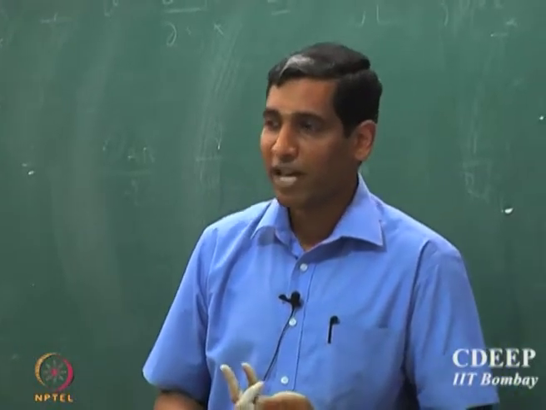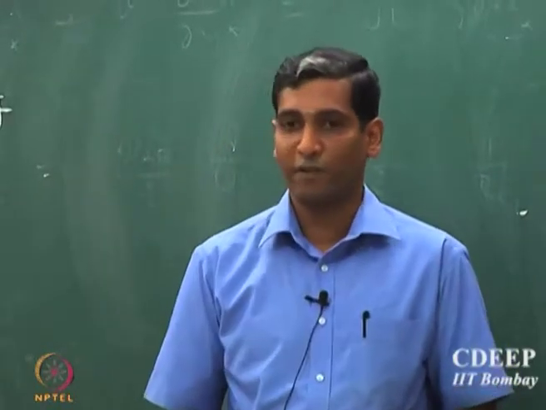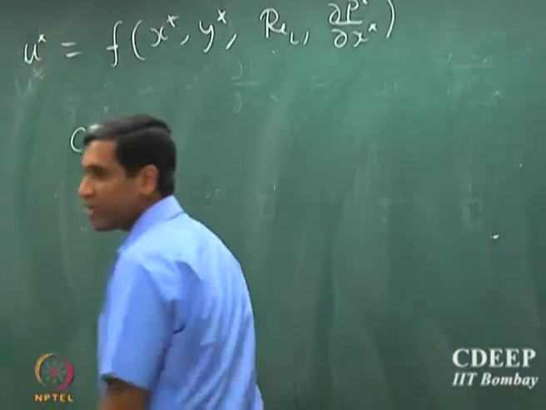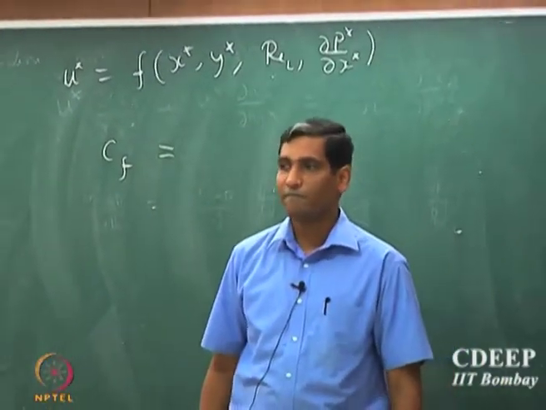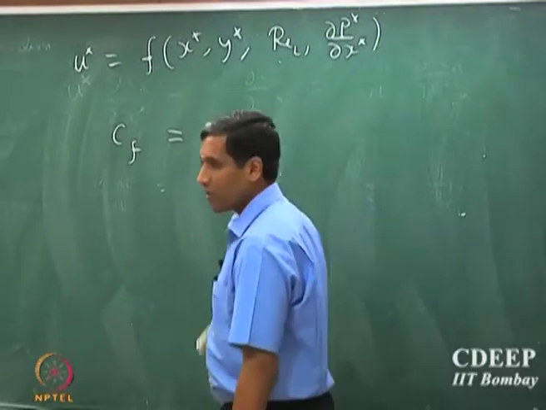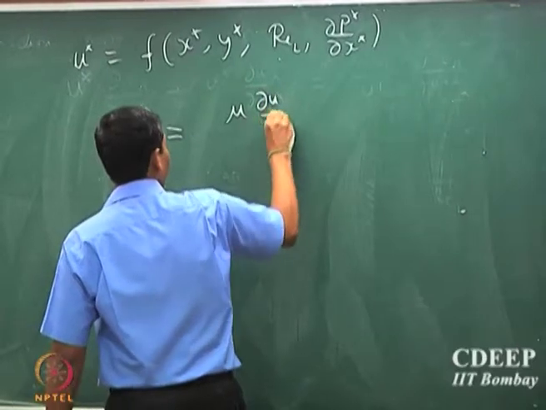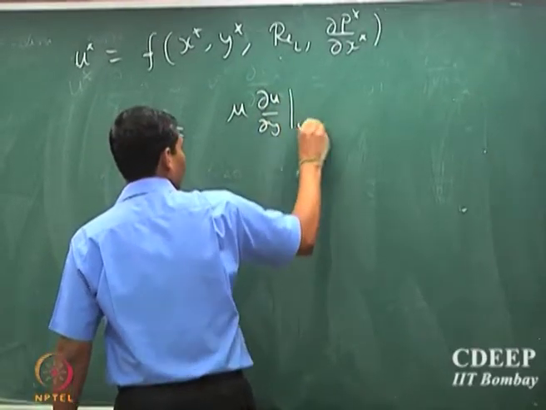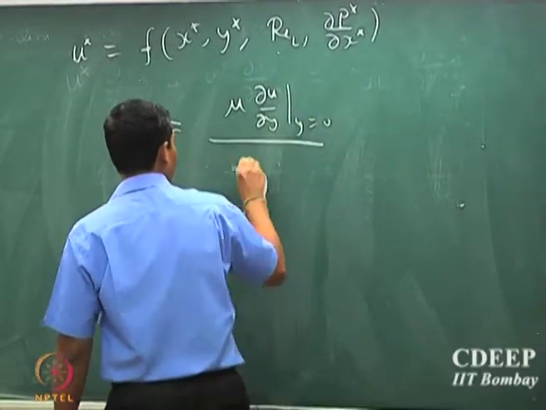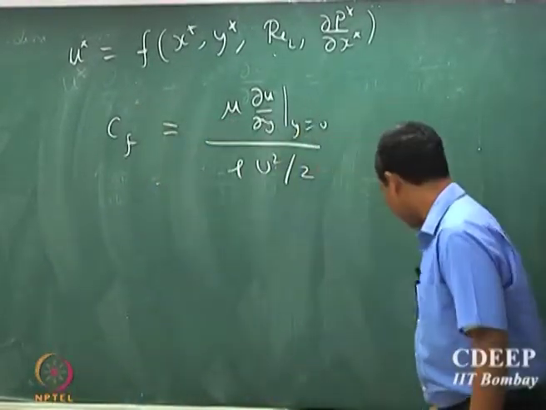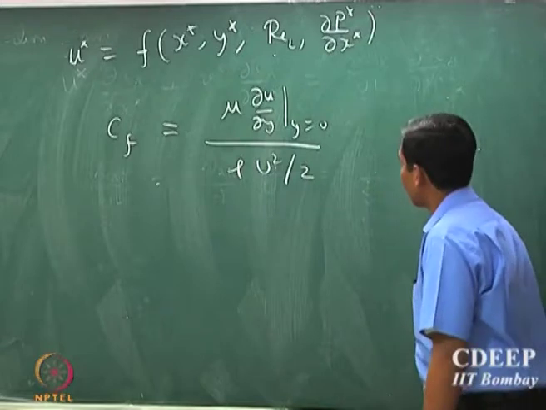So the objective of the exercise is to find these three coefficients. If you want to find Cf, what's the definition of Cf? Okay, it's mu du by dy at y equal to 0 divided by rho u square by 2, right? So that's the definition of friction coefficient.